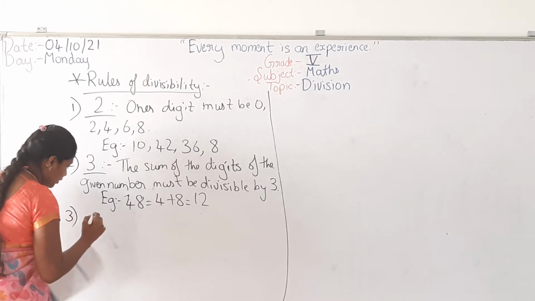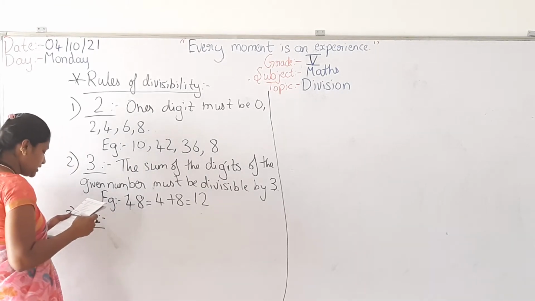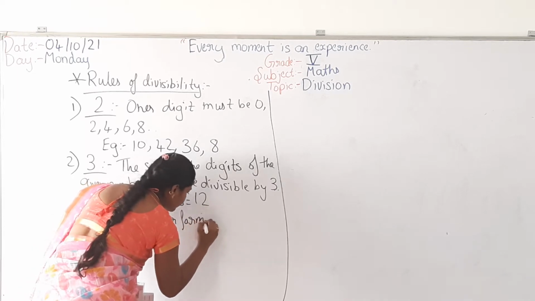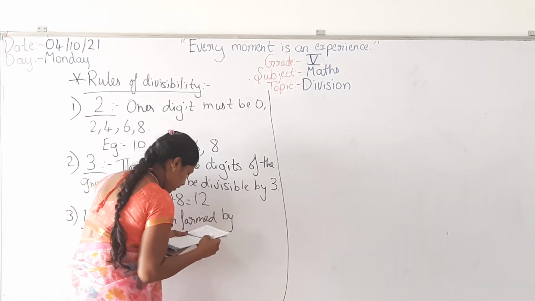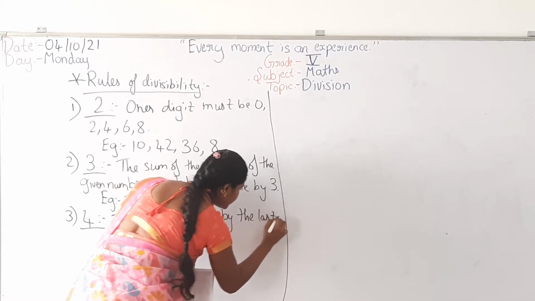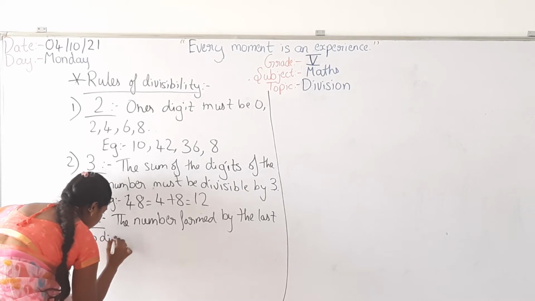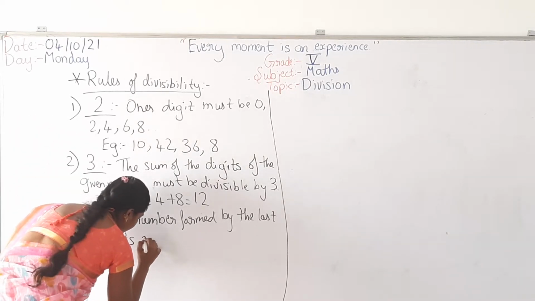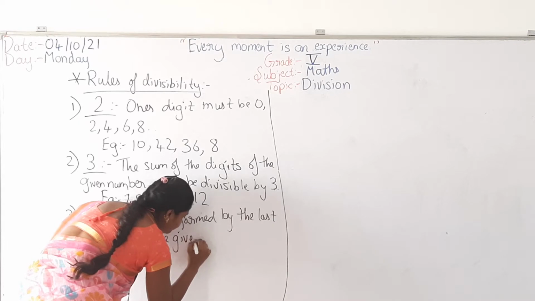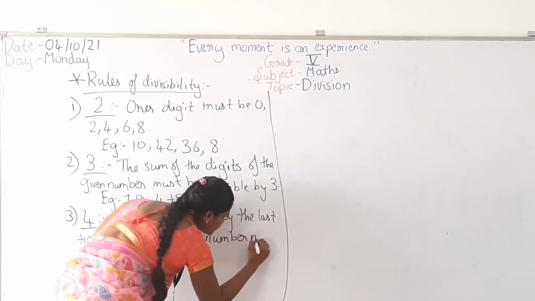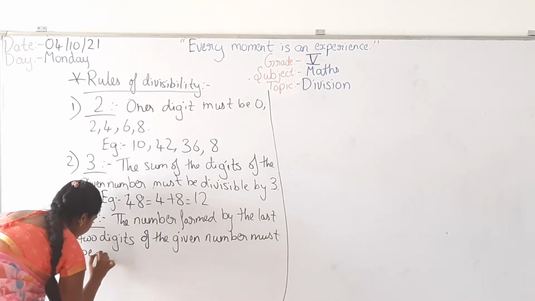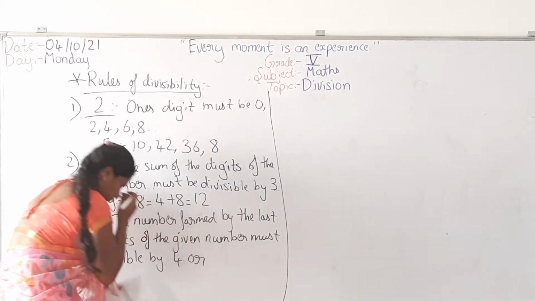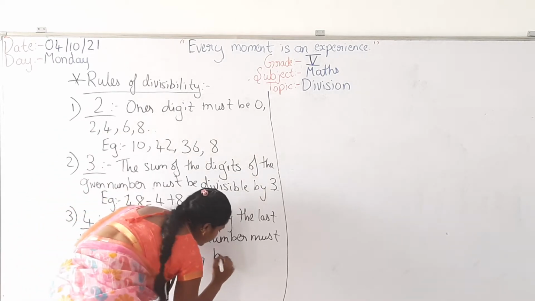And the next number is 4. The rule for the number 4 is the number formed by the last two digits of the given number must be divisible by 4, or both the digits must be 0.